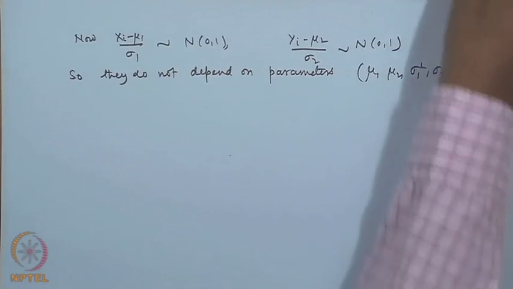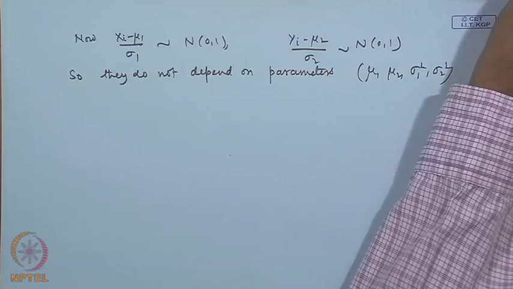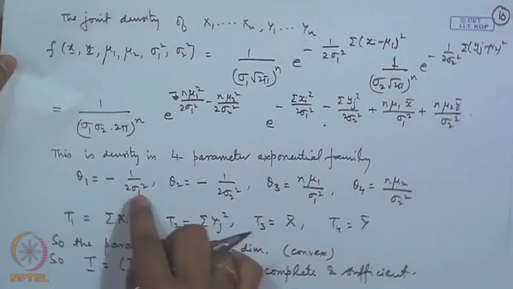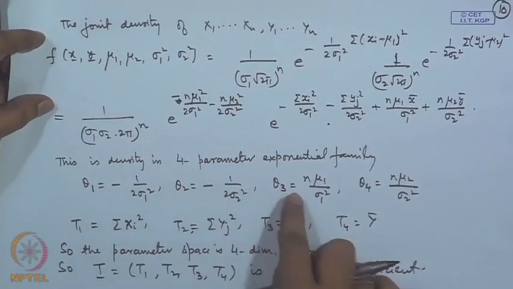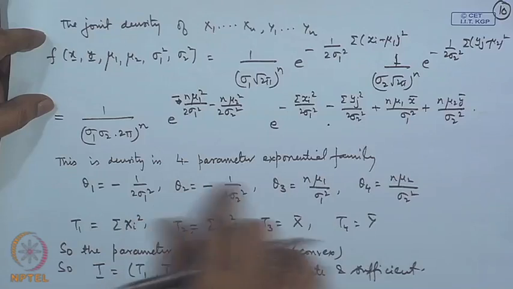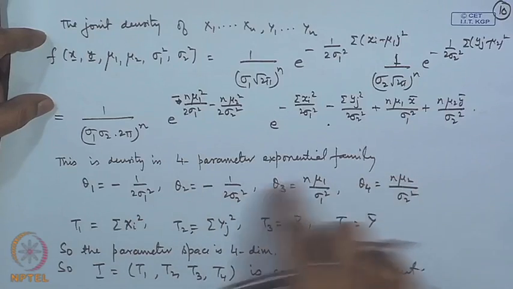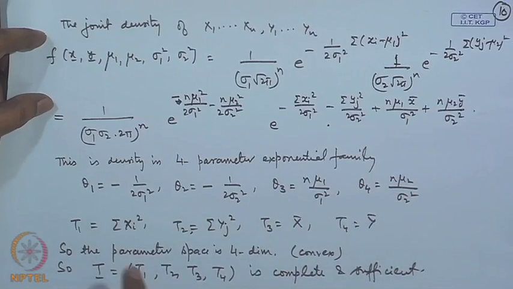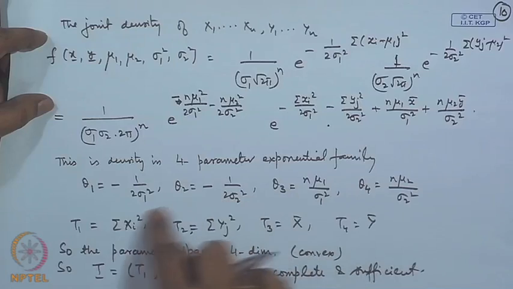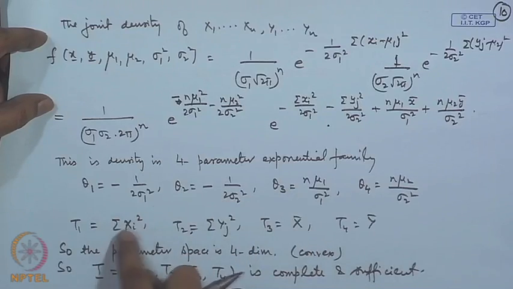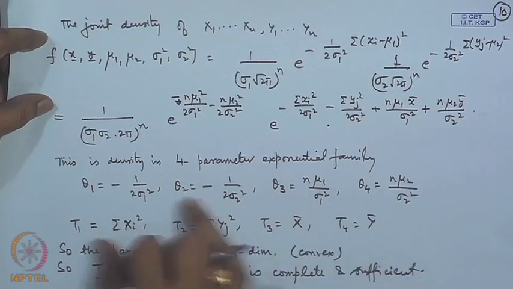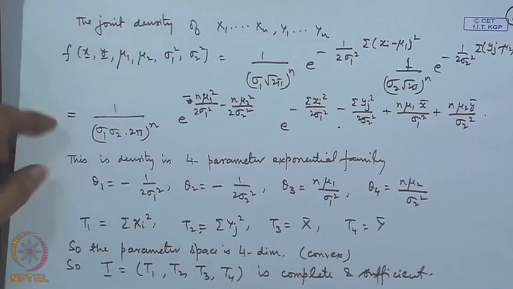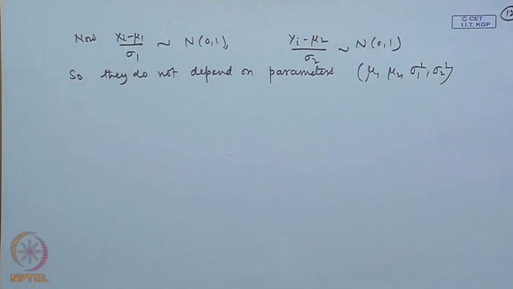So, what we are having now? We have the parameters appearing, theta 1, theta 2, theta 3, theta 4, which is a 1 to 1 function of mu 1, mu 2, sigma 1 square and sigma 2 square. The corresponding complete sufficient statistic is T 1, T 2, T 3, T 4, which is a 1 to 1 function of x bar, y bar and sigma x i square, sigma y j square.